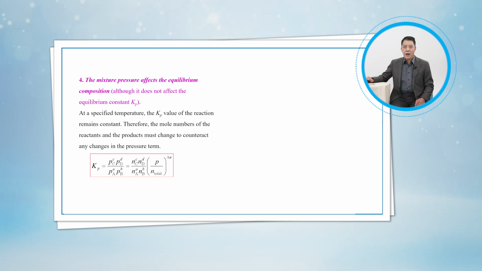The direction of the change depends on the sign of delta N. An increase in pressure at a specified temperature increases the number of moles of the reactants and decreases the number of moles of products if delta N is positive, has the opposite effect if delta N is negative, and has no effect if delta N is 0.